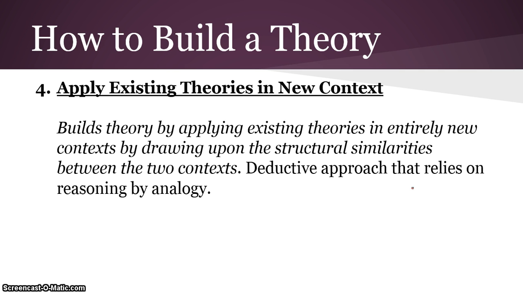An easy example for this is there's a host of organizational theories that are used specifically for the health profession and hospitals that are also often used for the education context in schools. And the reason being is that there are some structural similarities between those two contexts.